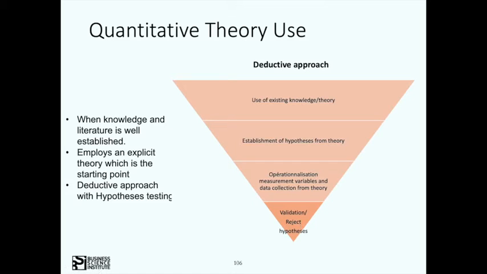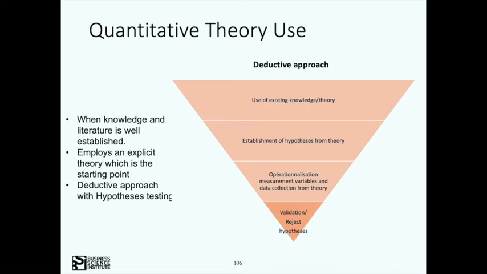When knowledge and literature is well established, you should use this approach, as you employ an explicit existing theory. For example, theory of justice for complaint management. We know that the theory of justice, or equity theory, is a very good theory that fits well to measure complaint management. Then it makes sense to use this theory.